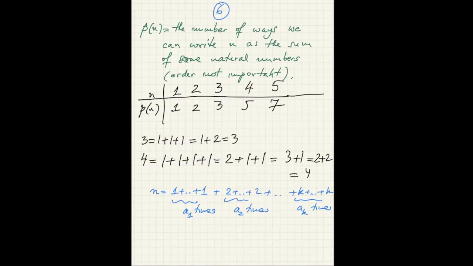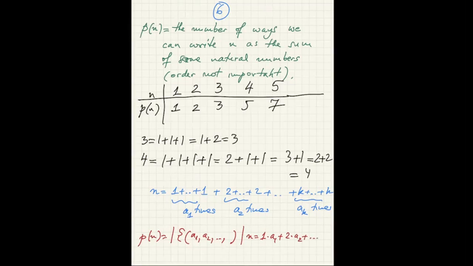So when we count it, we get that Pn is the number of these tuples, which essentially count the multiplicities of 1, 2, 3, and so on: a1, a2, and so on. And what property do they have? From the equation above, n must equal 1 times a1 plus 2 times a2 plus, and so on.